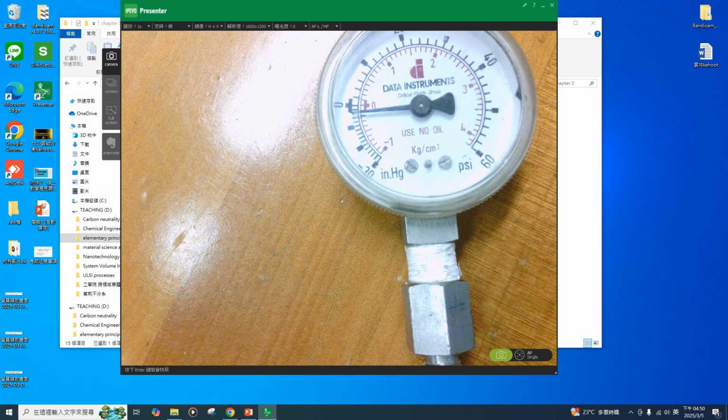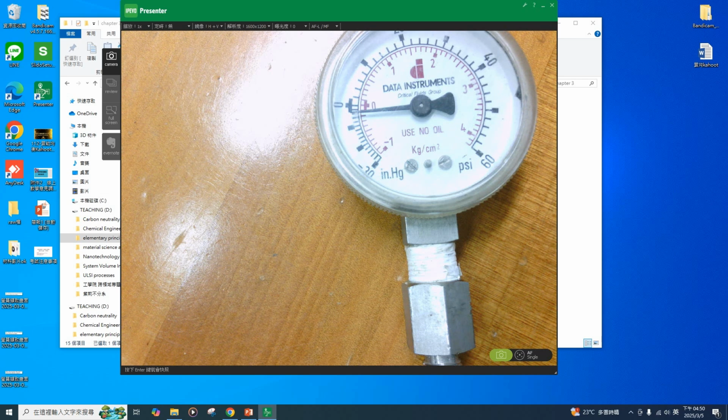Sorry, is that right? Is this called absolute pressure? I'm sorry. Say again. I'm asking in Chinese: is this measuring atmospheric pressure, absolute pressure, or gauge pressure?